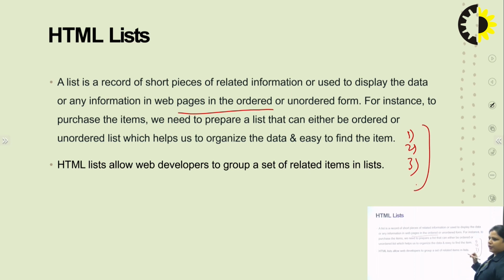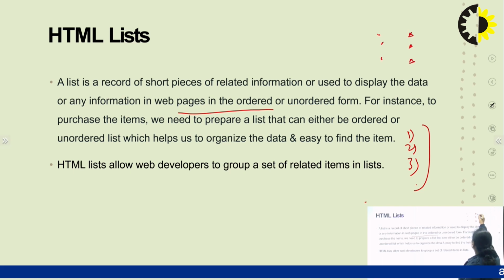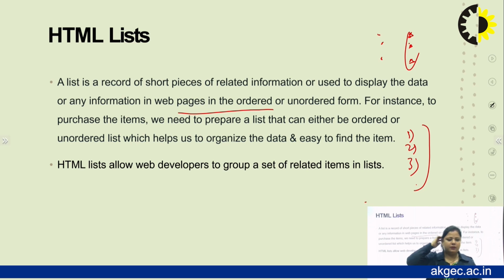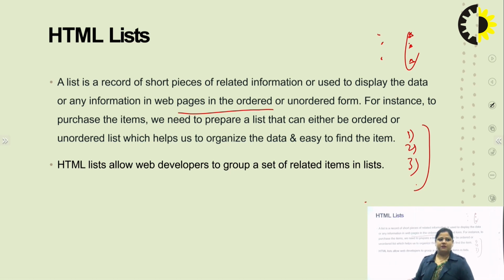Whenever we use single dots or that type of content, all of these are part of unordered forms. For instance, to purchase items we need to prepare a list that can either be ordered or unordered, which helps us organize the data and find items easily. So an HTML list allows web developers to group a set of related items in a list.